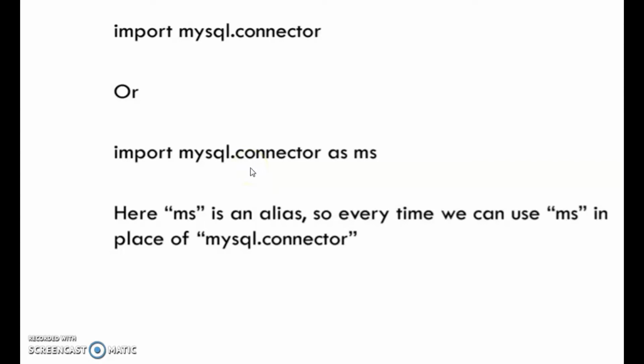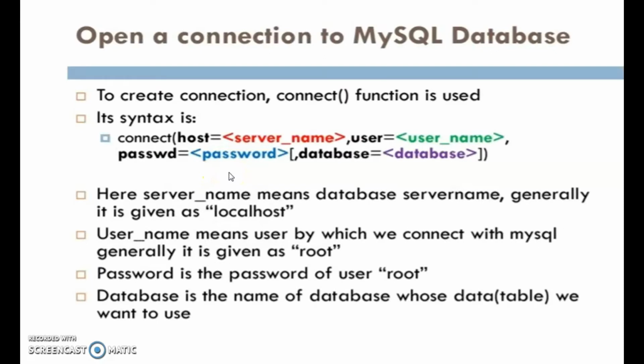So instead of using mysql.connector, you can simply write ms. This ms is an alias name given for mysql.connector.